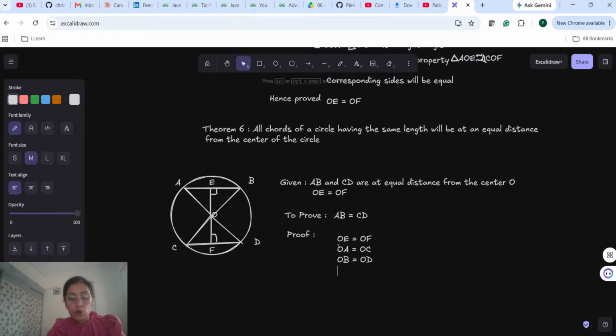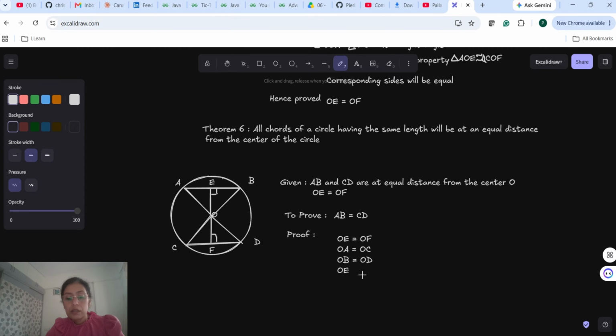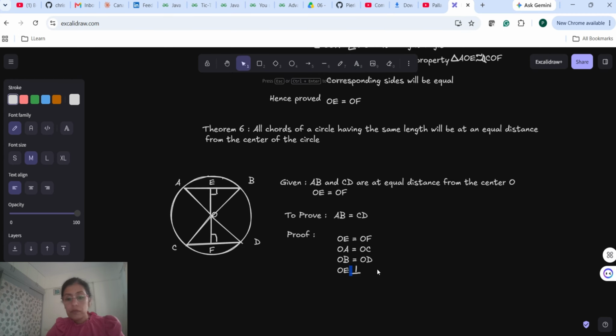And we also know that OE is perpendicular to AB.